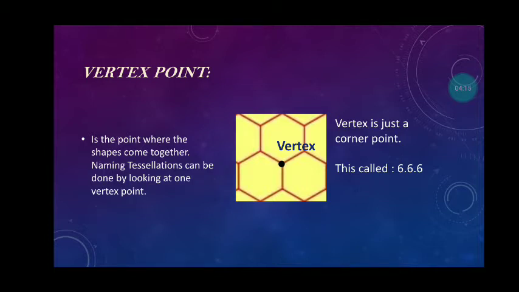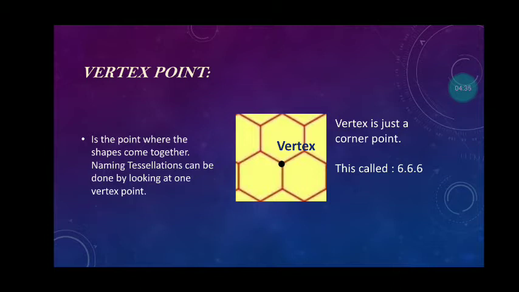Naming tessellations can be done by looking at one vertex point. We can't name it a tessellation if there is no vertex. It is a point.